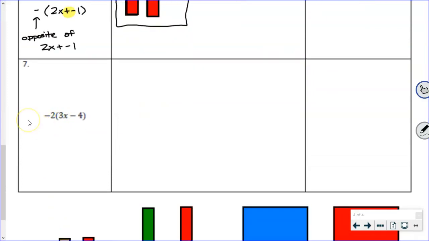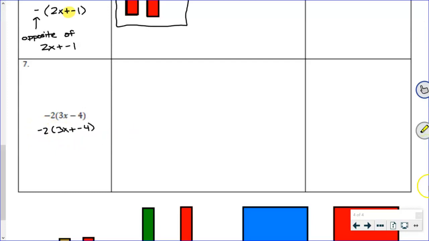Last one, number 7. Again, don't worry about what we have out here. All that we really need to worry about first is the grouping. Let's create that grouping. 3x minus 4 means 3x plus a negative 4.